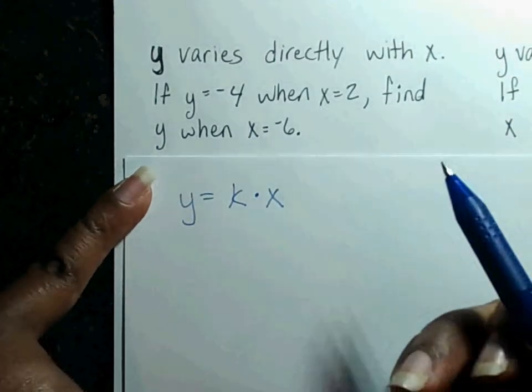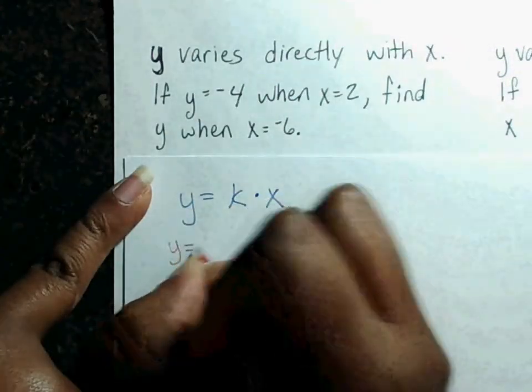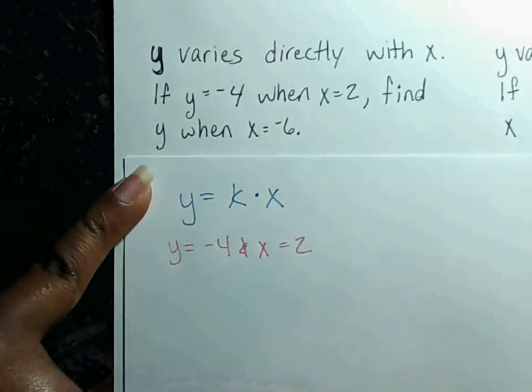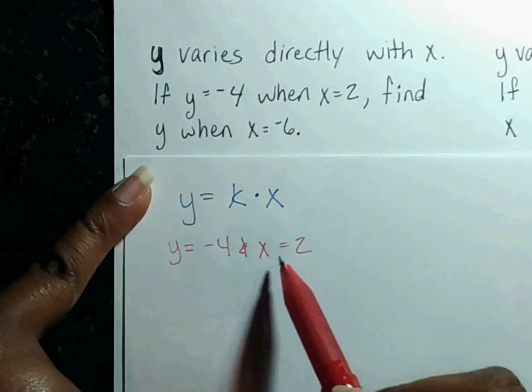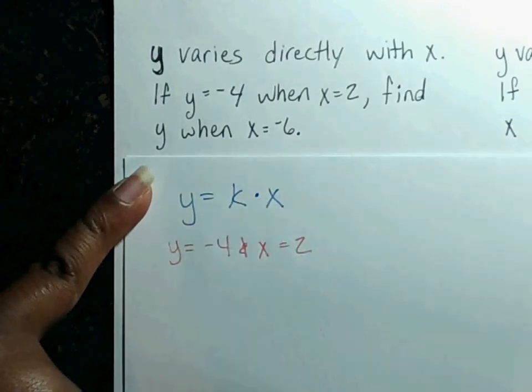Always look at the pair they gave you. In this case, the pair that they gave me is y equals -4 and x equals 2. That's my pair. Substitute your pair into your formula every time.